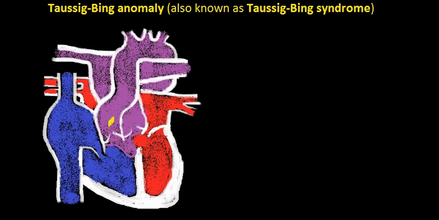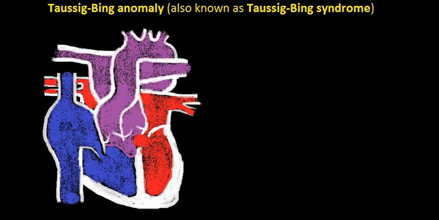Here is the aorta, which originates, as you can see, from the right ventricle instead of the left one. We have malposition of the pulmonary artery as well. Here is the pulmonary artery. Instead of being from here, it's from the left of the aorta.